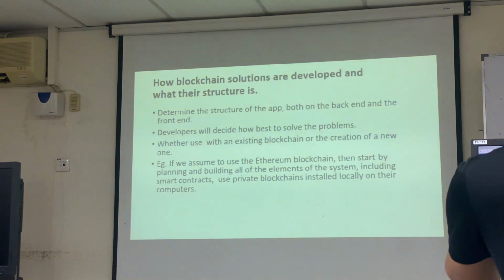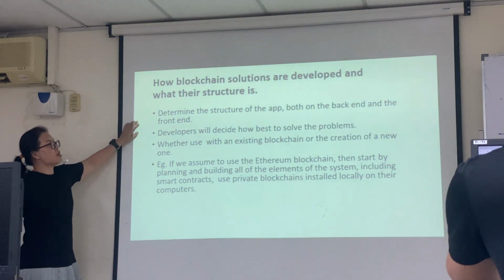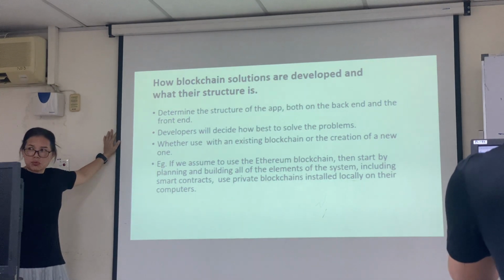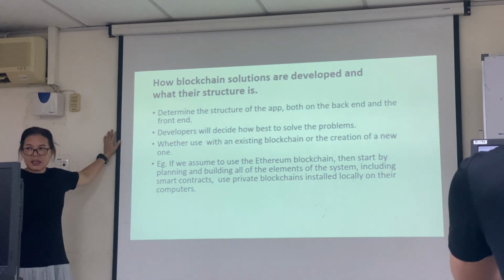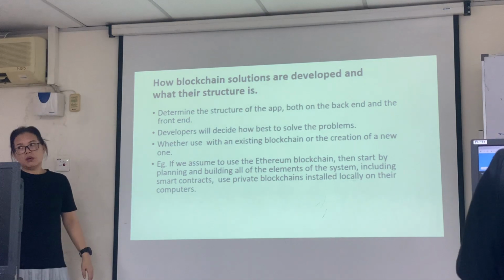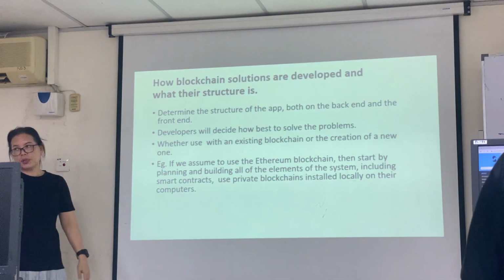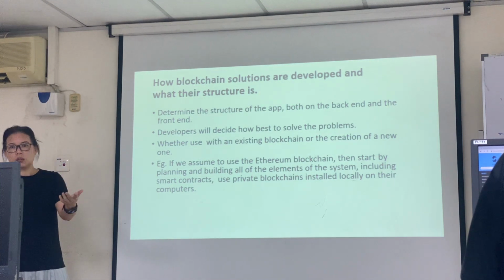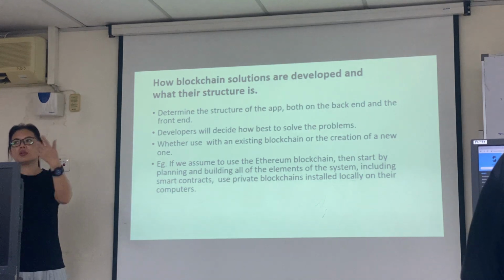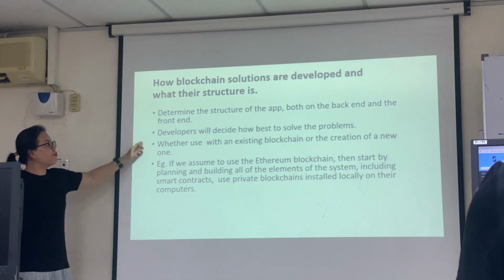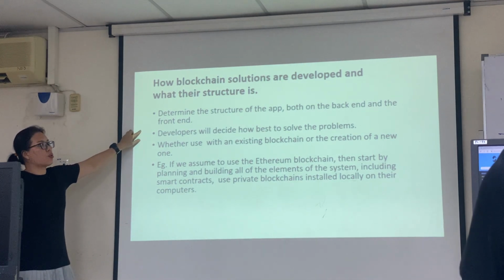But for us, first of all, we need to determine the structure of your application: whether you really need to move from a client and server network to a public peer-to-peer network or not. Remember, when you go out and work, you need to do a proposal, you need to demo, you need to propose your system to your client. First of all, how blockchain solutions are deployed and what their structure is.